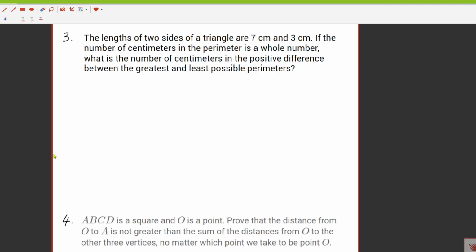Okay, number 3. Lengths of two sides of triangle are 7 and 3 centimeters respectively.